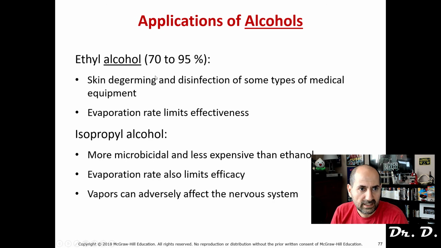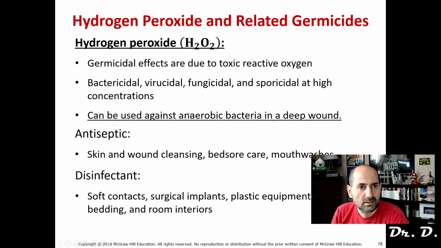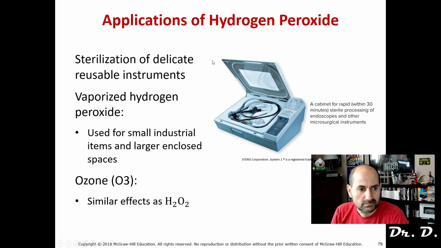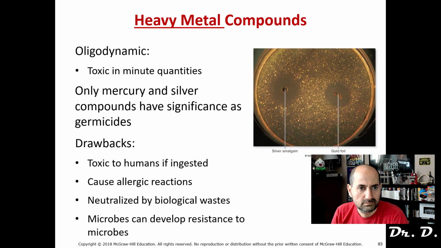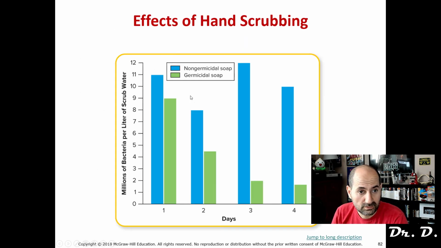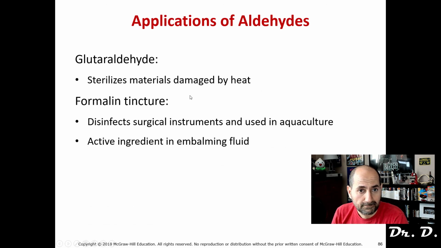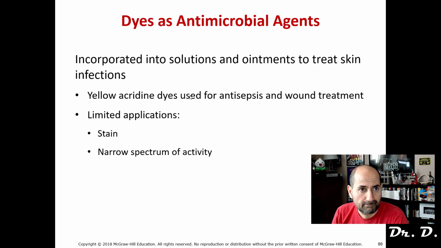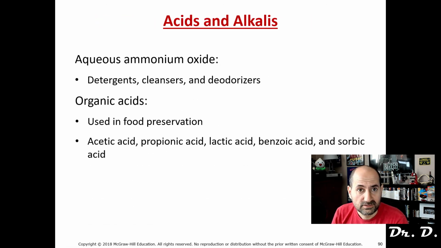What else? Alcohols. Please know about alcohols and how effective they are. Hydrogen peroxide. And again, surfactants. Understand that surfactants are actually chemicals, not a physical control. Acids and alkalis. Please know about them.